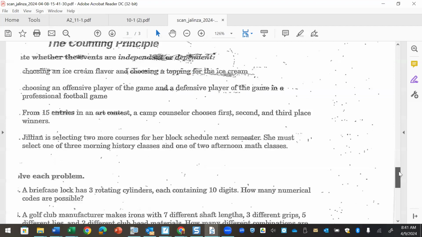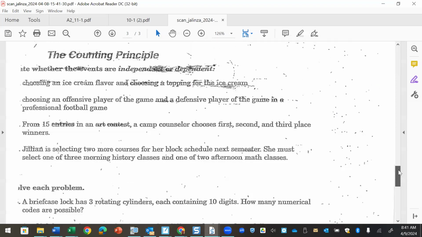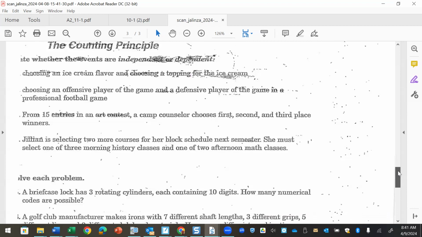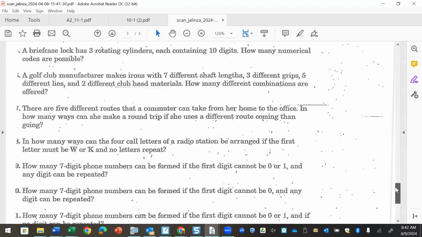All right, so now go to the worksheet that says counting principle. Looks like it got cut off a little bit, didn't it? All right, everyone's got experience with this one.